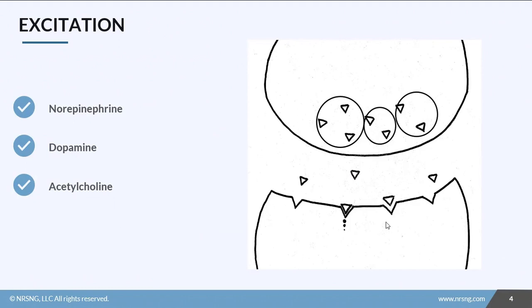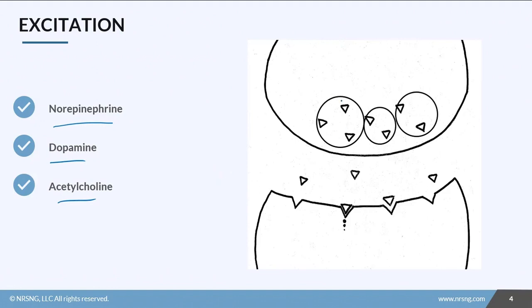Remember, there are two possible general actions, excitation or inhibition. A few examples of excitatory neurotransmitters are norepinephrine, also called noradrenaline, dopamine, and acetylcholine. Each of these has its own specific type of receptor as well.